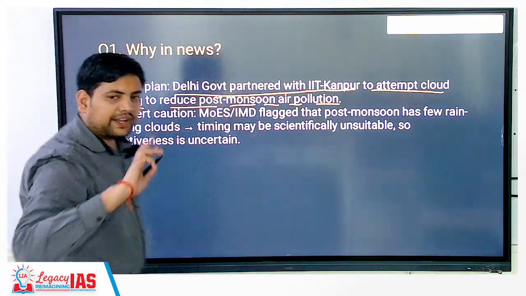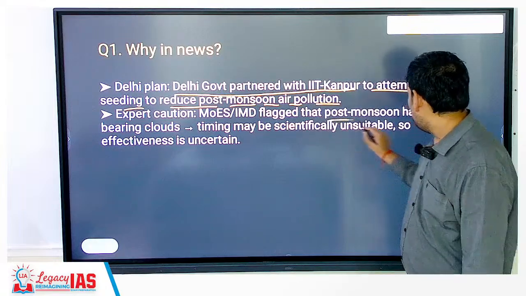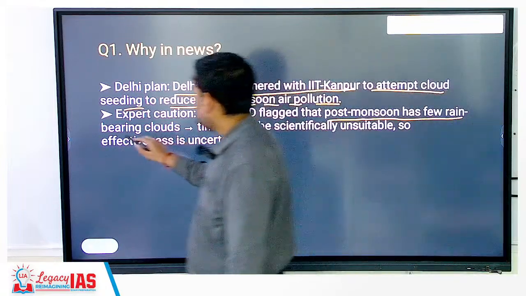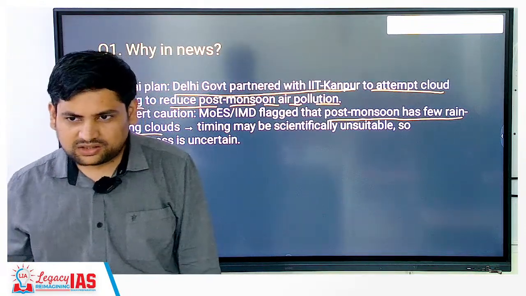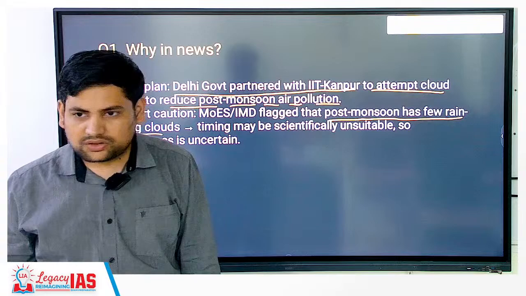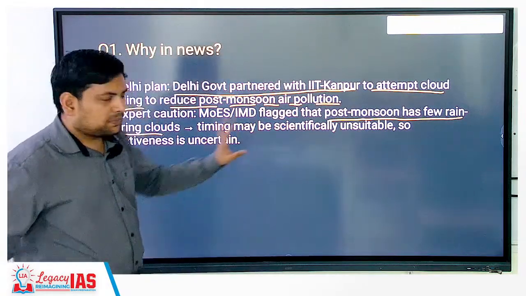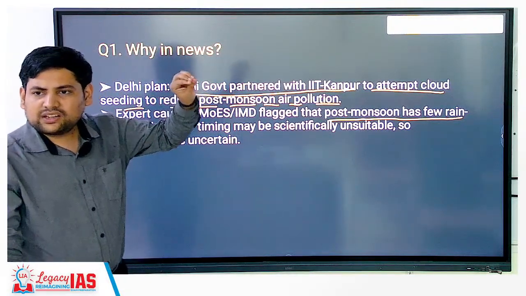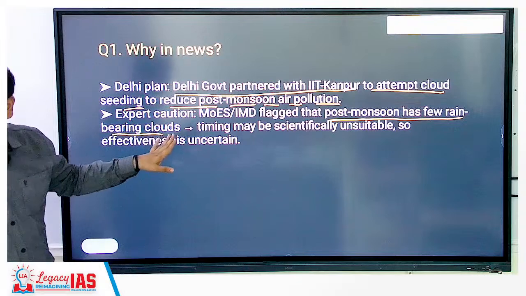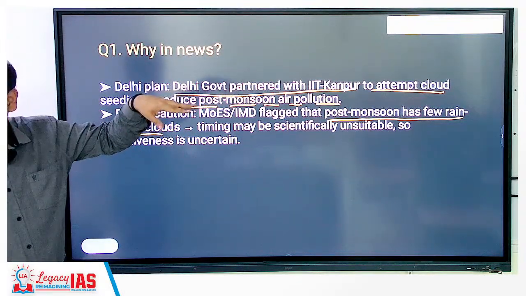Now what do experts caution? This you have to understand, that post monsoon has few rain bearing clouds. Right now the monsoon season is gone, correct? We are in October, monsoon is gone from India almost now. So the clouds that are present right now have very few rain bearing clouds. Most clouds don't have that much water anyway.